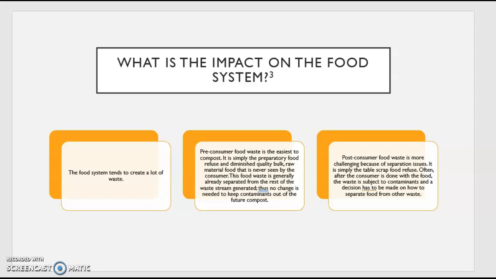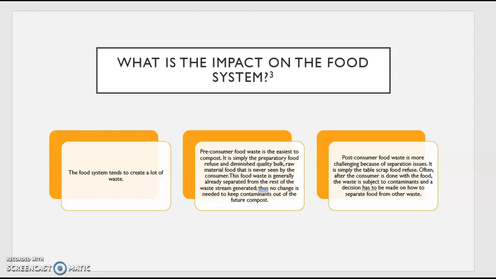So this food waste is generally already separated from the rest of the waste stream, so there's no need for change to keep contaminants out of the future compost.